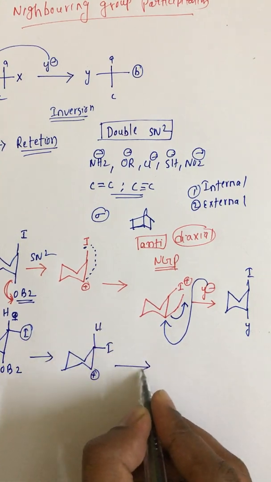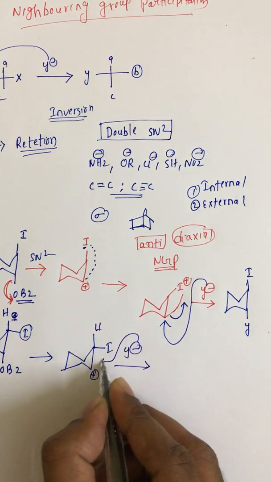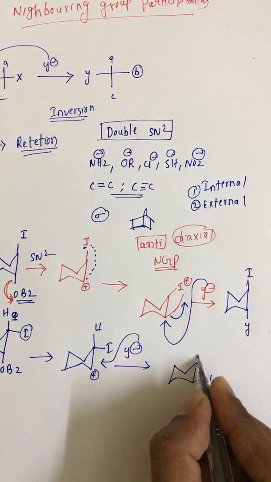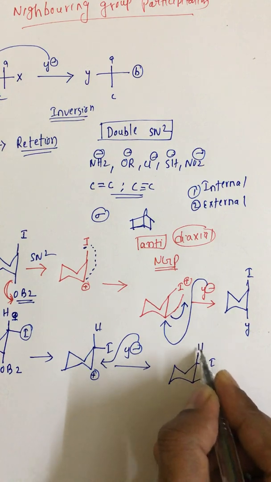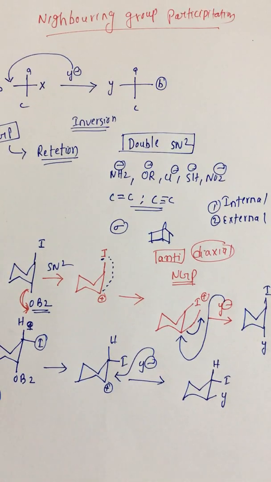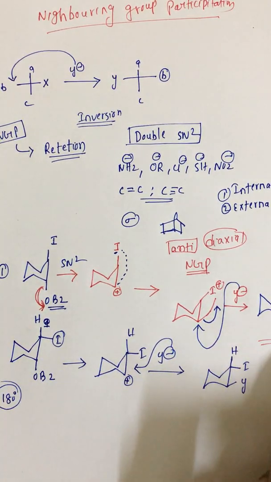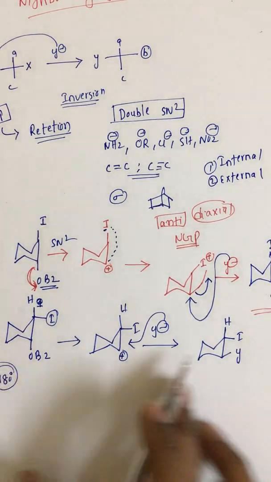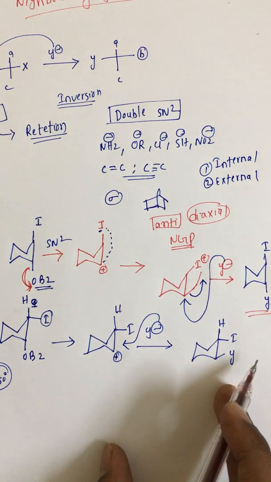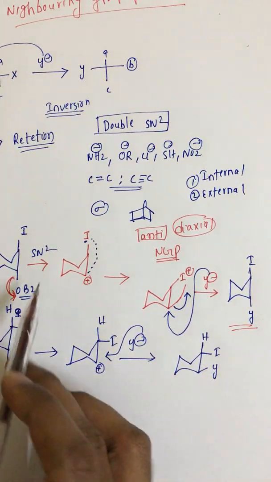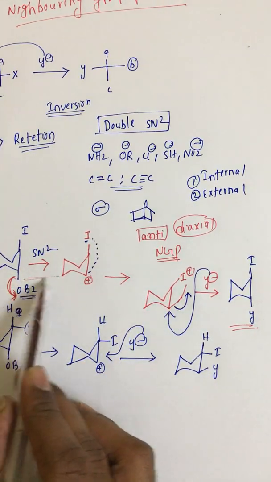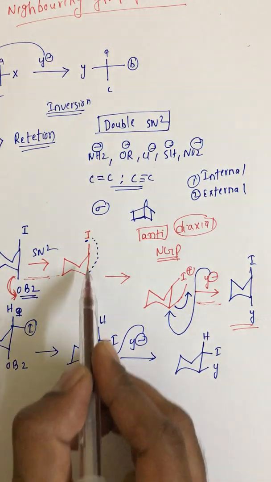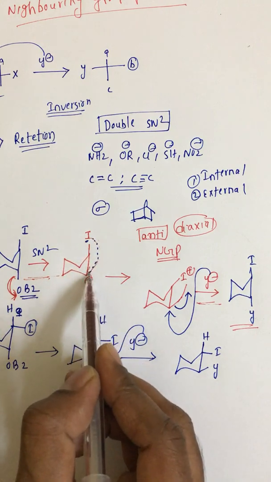And now the nucleophile comes from equatorial, because this is an SN2 reaction. So you see, in this compound we have seen retention of configuration, but in the second compound we have seen inversion of configuration. In the first one we have two SN2 reactions. In the first SN2 reaction, the internal nucleophile is coming from the equatorial.